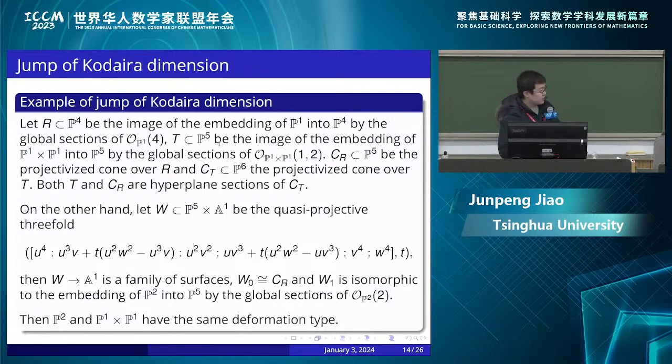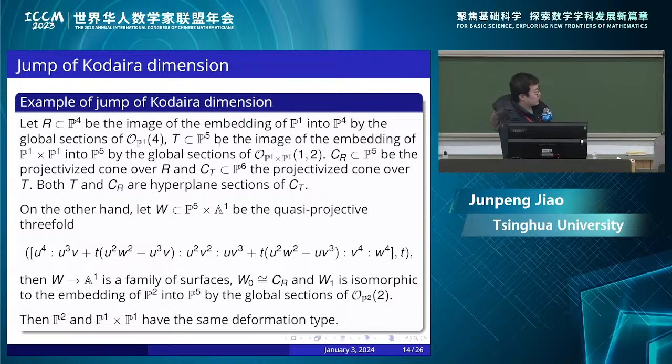threefold, defined by this long equation. Then W to A1 is a family of surfaces. We know the fiber over 0 is CR, and the fiber over 1 is isomorphic to the embedding of P2. And the first is a deformation from CR to P1 times P1.